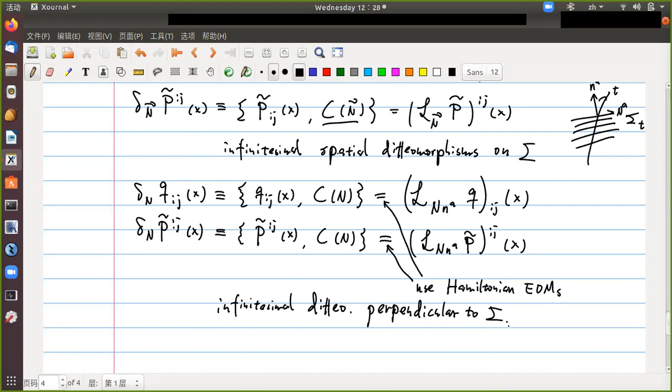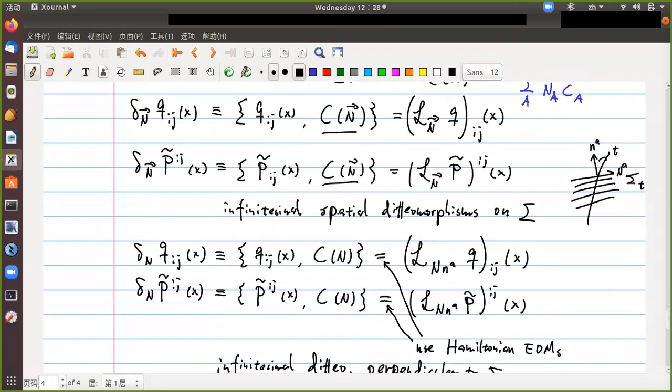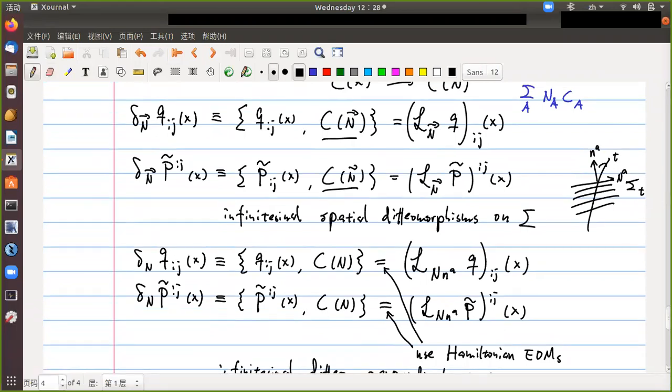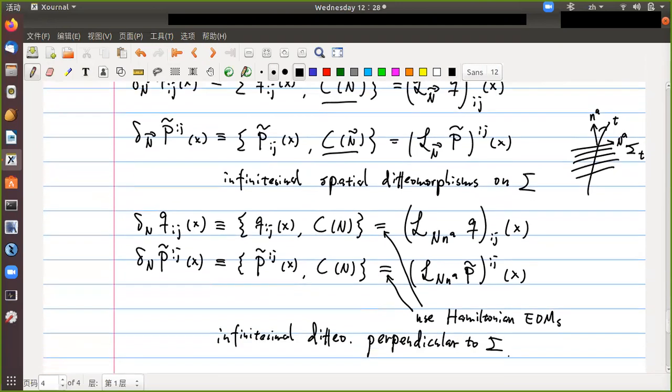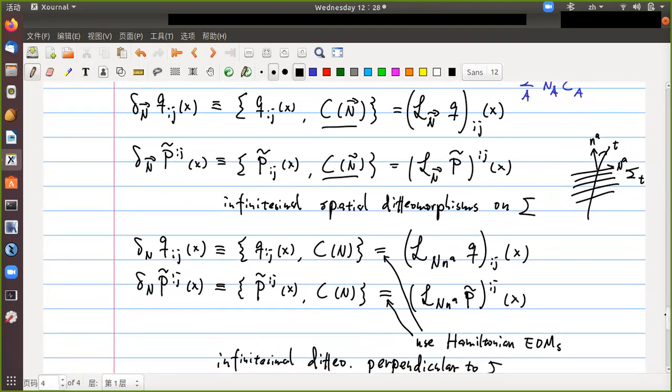Okay, so here you really get all the diffeomorphisms, because you have both diffeomorphism along sigma and also diffeomorphism perpendicular to sigma. Okay, and it is your homework to check them.